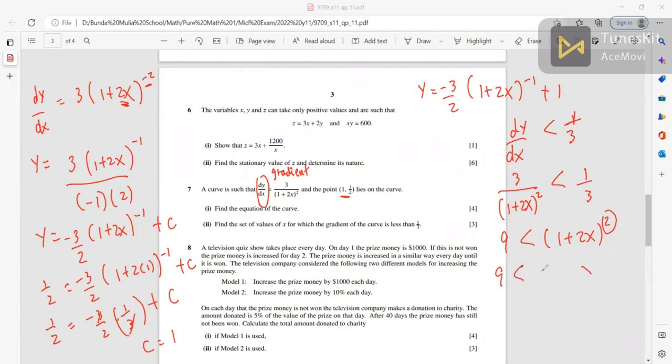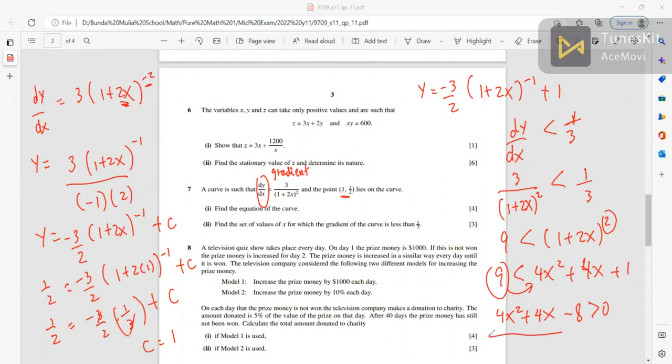So 9 smaller than 4x squared plus 4x plus 1. I move the 9 to the right, so I got 4x squared plus 4x minus 8 bigger than 0.